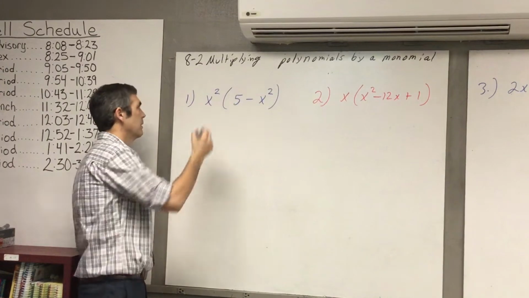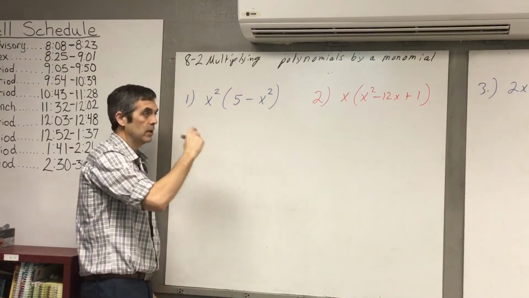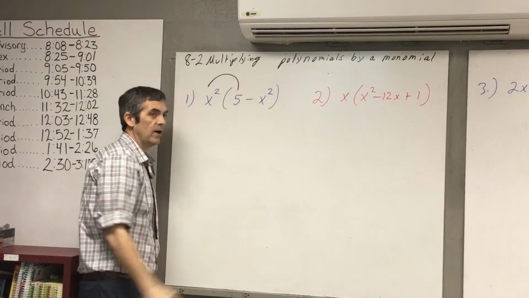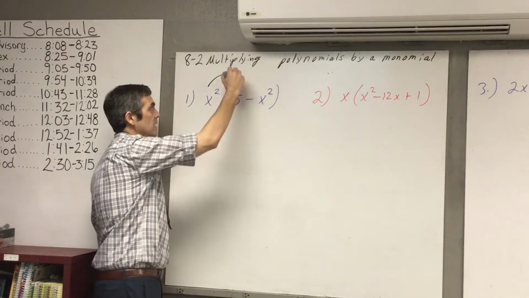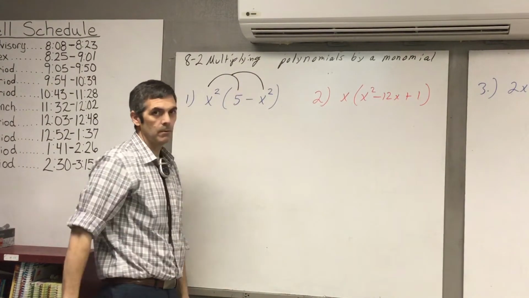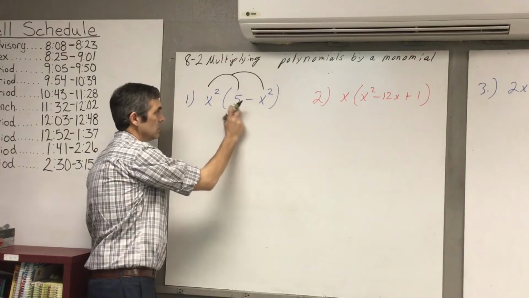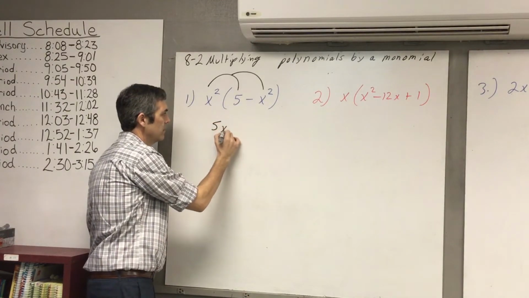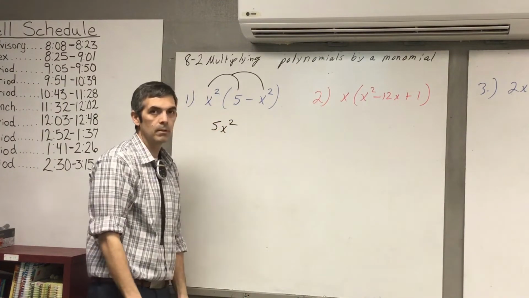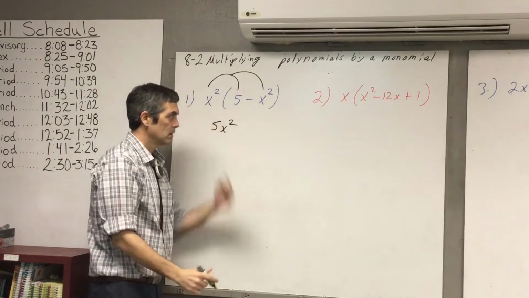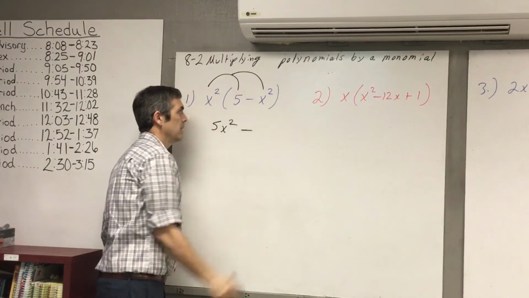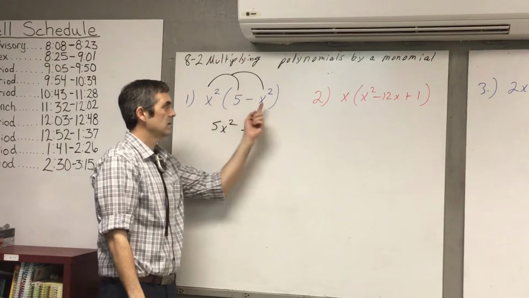Here's what I'm doing. I'm going to take x squared and multiply it times 5. Then I'm going to take x squared and multiply it times x squared. So x squared times 5 gets me 5x squared, because 5 times x squared, that's what it is. Minus x squared times x squared.